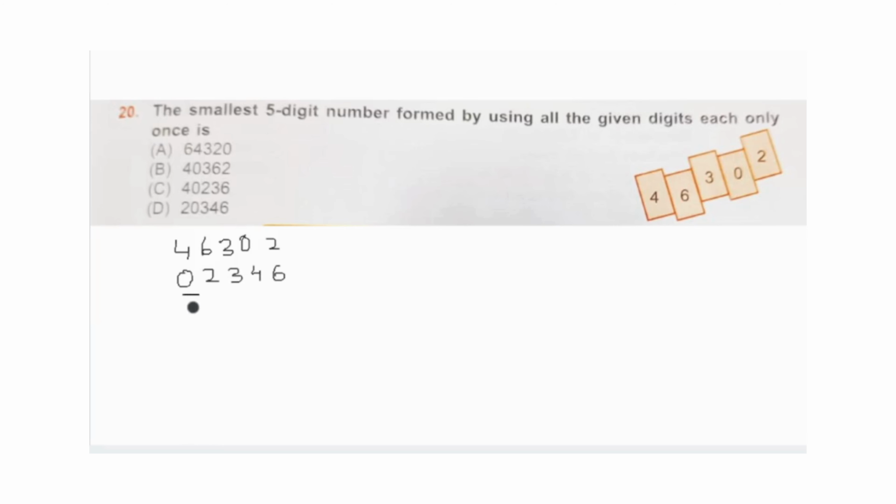Let's start the number with the next smallest digit, which is 2, and then write 0, which is the smallest digit, and then the next smallest, which is 3, then 4, and then 6. Now the number that's formed is 20346. Let's look at the options and see which is the closest to 20346, which is option D. That is your correct answer.